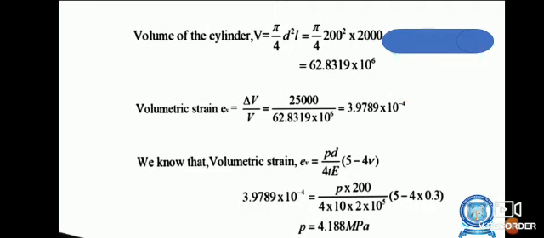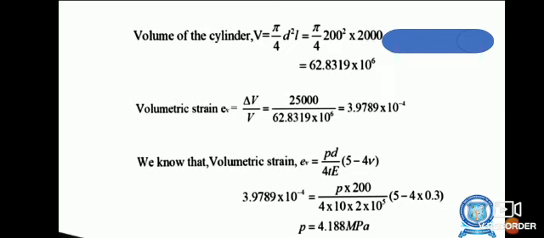Okay. Next, we know the volumetric strain formula: Ev is equal to PD divided by 4tE into 5 minus 4 mu. That is another type of volumetric strain formula. Listen, once again I will read the formula.